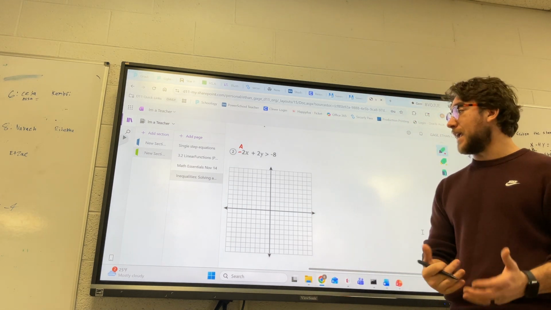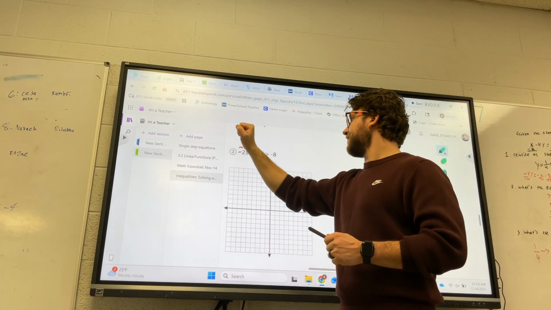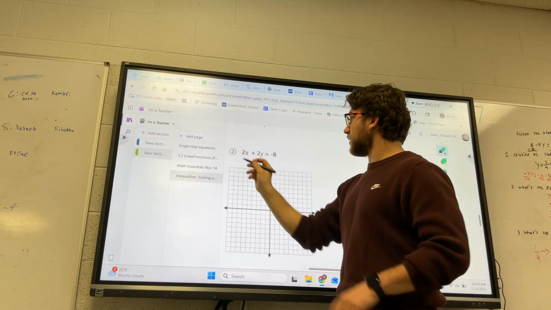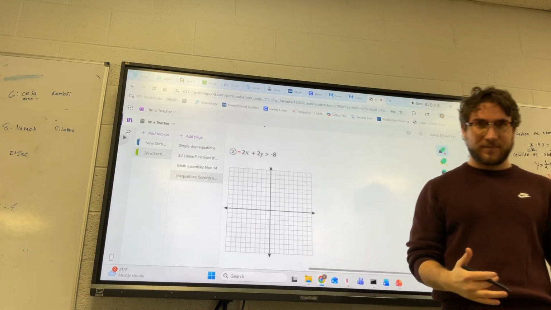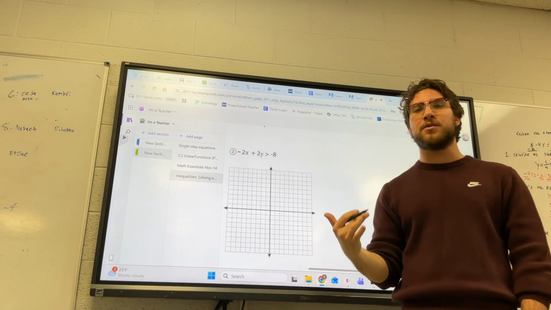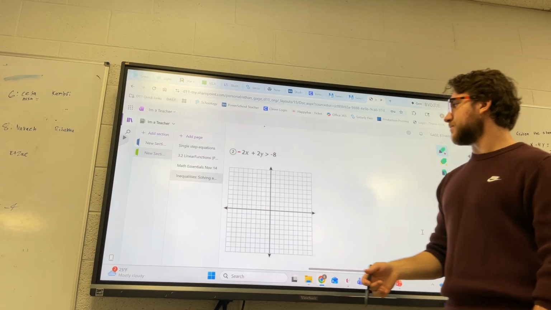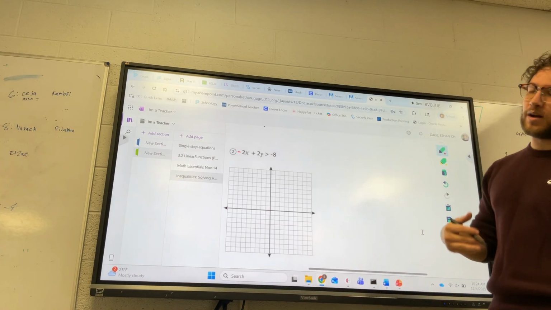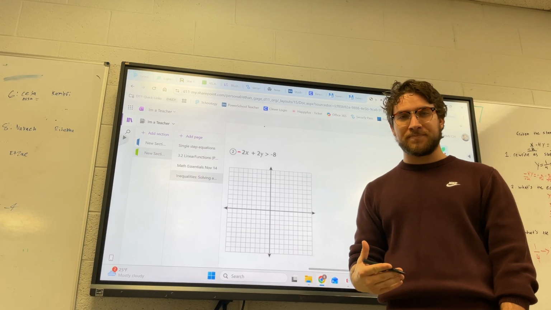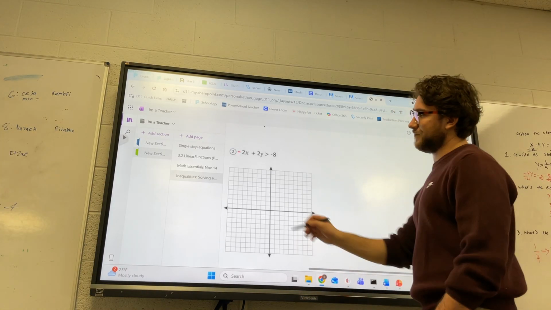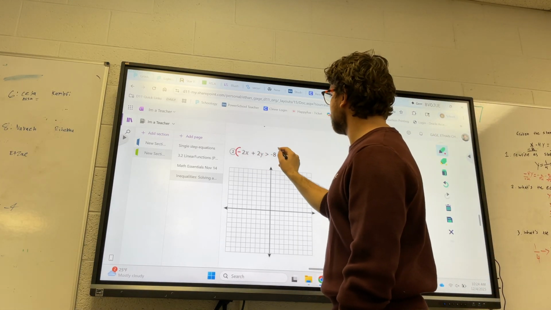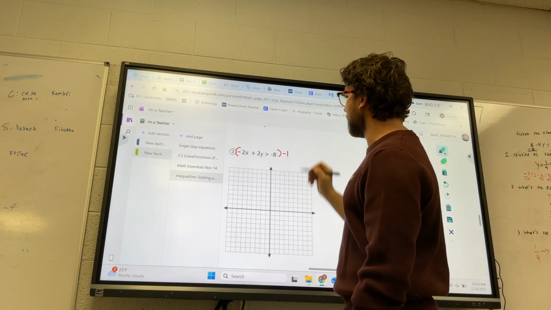We need to make this negative 2 positive. How do we make a number positive? We're going to multiply everything by negative 1. Every single thing by negative 1.